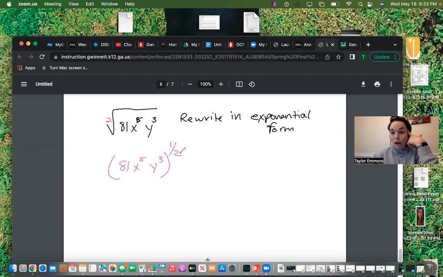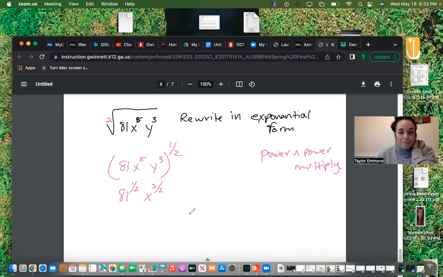So now I'm going to use my exponent rules. You remember on the last one where we said a power raised to a power? What are we going to do? We're going to multiply. Okay, so 81 raised to the 1/2 power, x to the 5th raised to the 1/2 power, that's going to be x to the 5 halves. And then y to the 3rd raised to the 1/2 power is going to give me y to the 3 halves. Now, you can take the square root of 81, right?